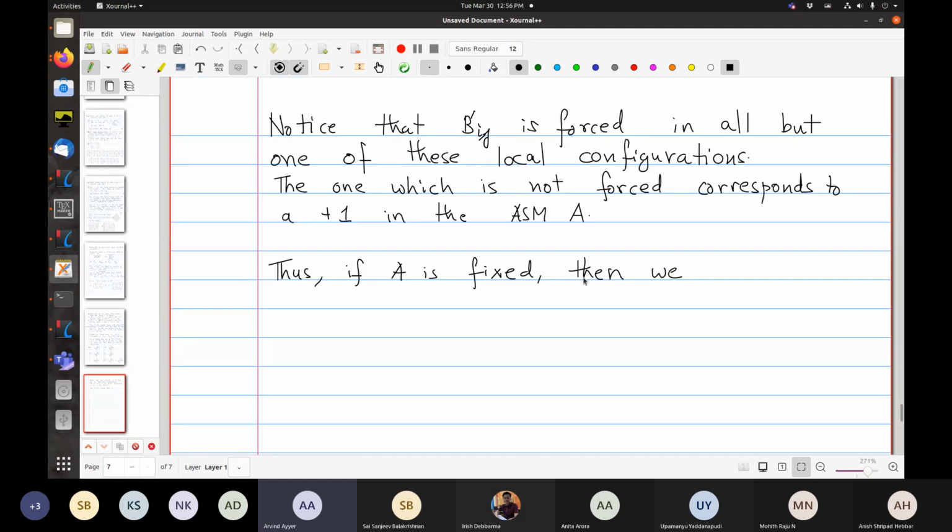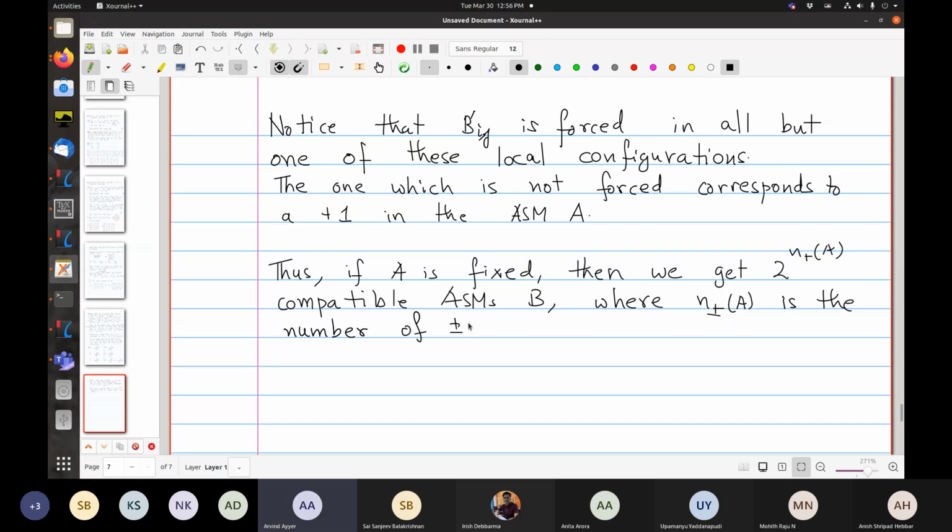Okay, so for B, we get 2 to the n plus of A ASMs compatible ASMs B, where n plus of A, let's just say n plus minus of A, is the number of plus minus ones in A. Okay, all right.